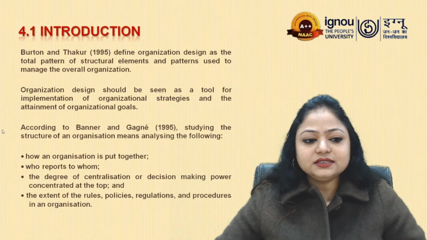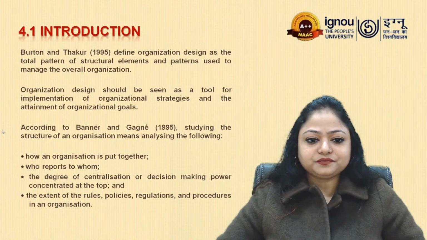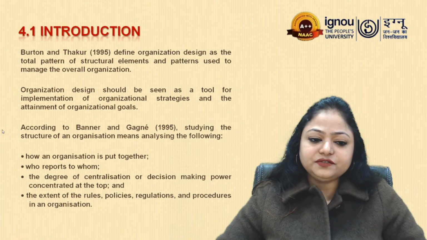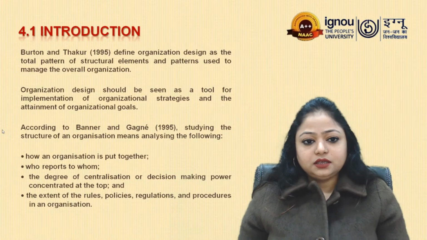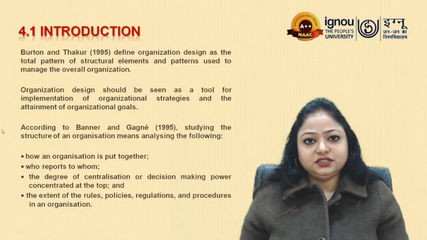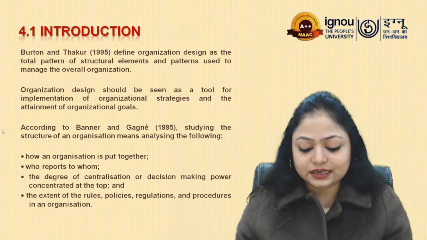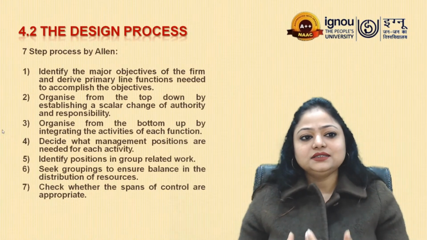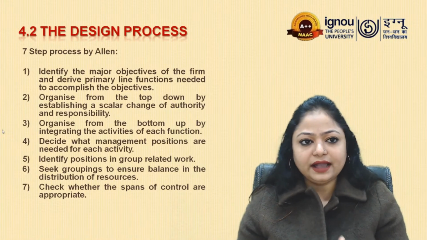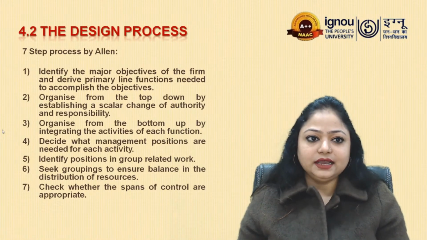So, these are the various fronts which we can analyze to conclude how an organization structure is designed. Okay, so by Allen there is a 7-step process for the entire design of the organizational structure.